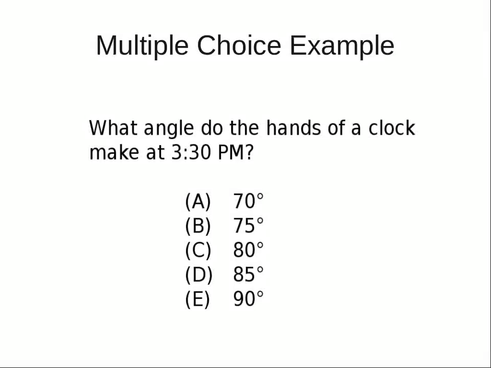However, the hour hand, between 3 and 4 p.m., slowly moves towards the 4. So at 3:30, the hour hand is not pointed at the 3. It's actually halfway between the 3 and the 4. That's why the angle is less than 90 degrees.